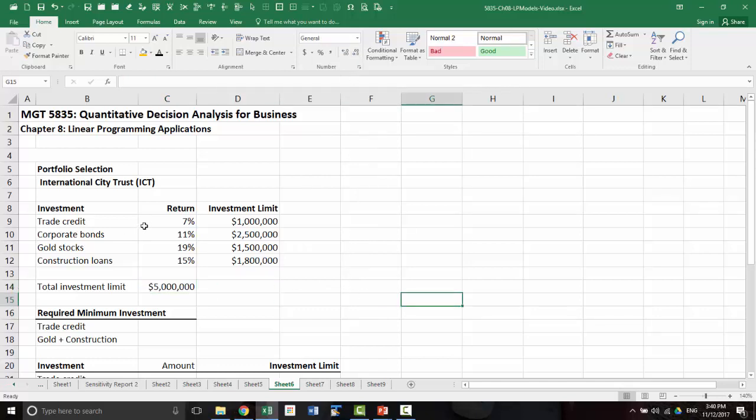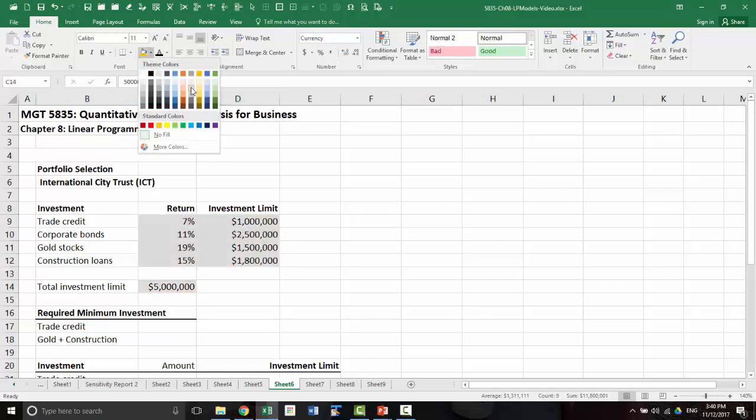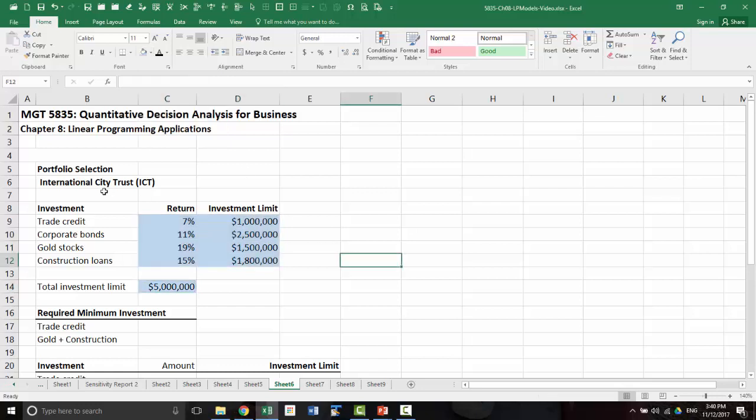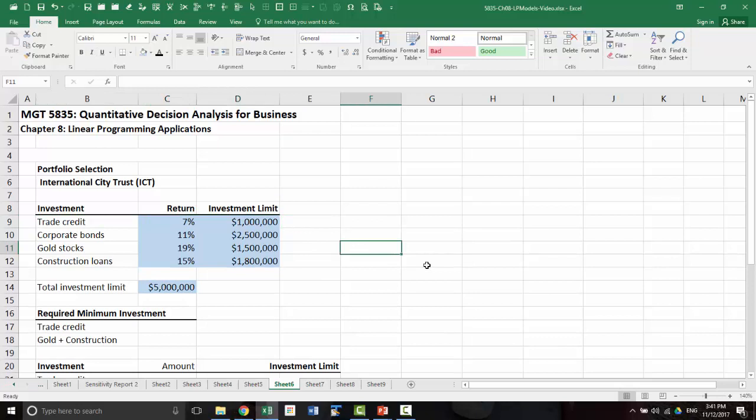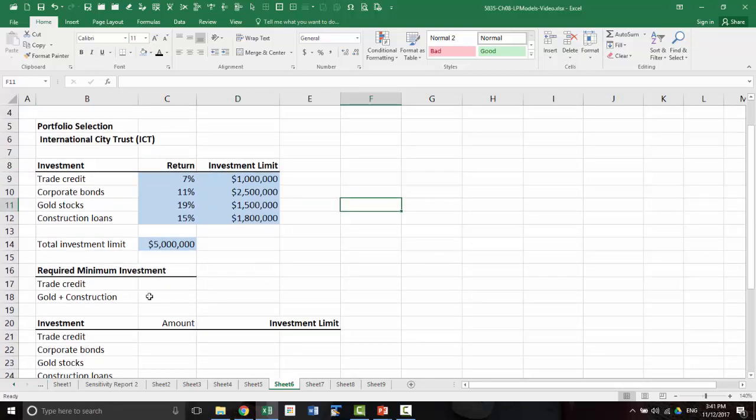All right, now these are input values, so let's color code them like that, and I'll put a border on top. Then we have the percentage requirement for minimum investment: 15% trade and 55% gold plus construction.